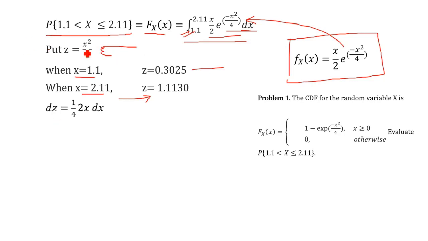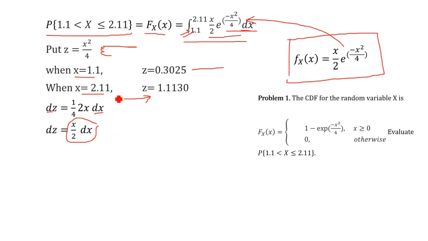Differentiation of z: dz, 1 by 4 is a constant, differentiation of x squared is 2x dx. Then dz equals, 2 ones are 2, 2 twos are x by 2, into dx. Do you find x by 2 into dx in this equation?